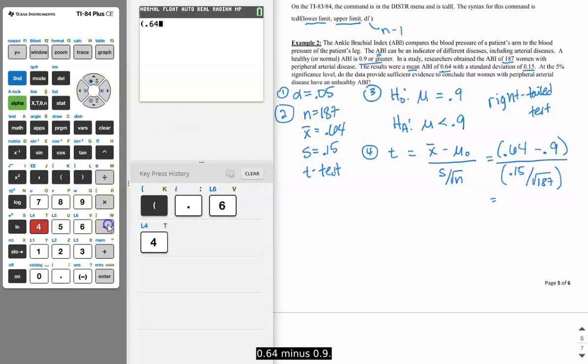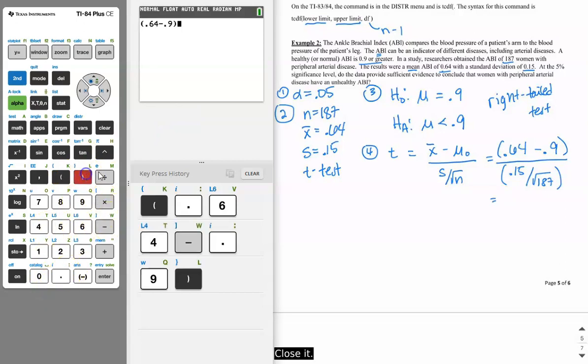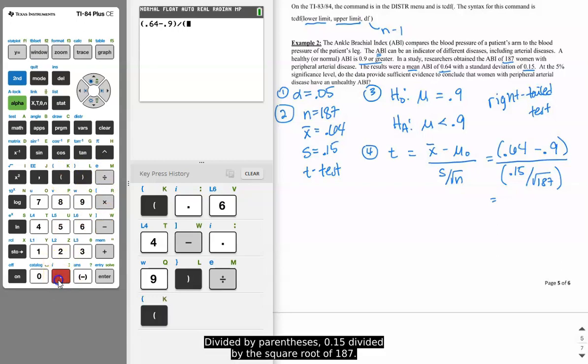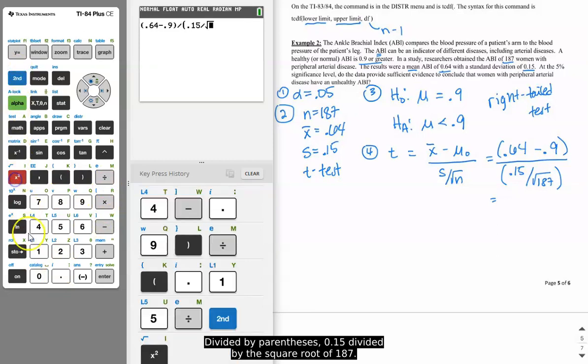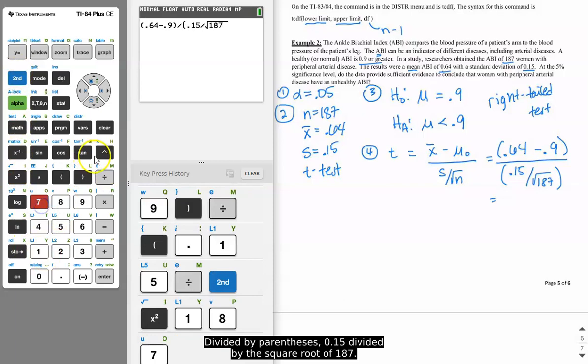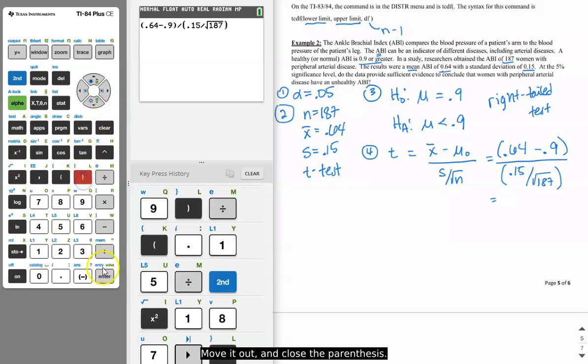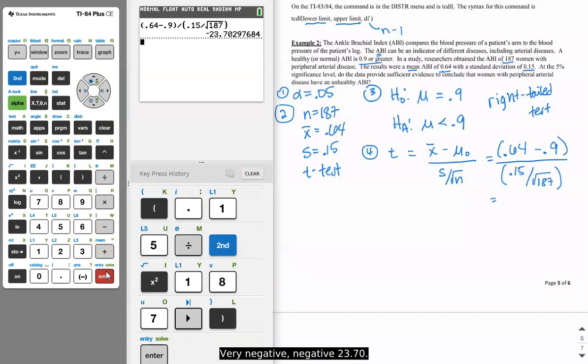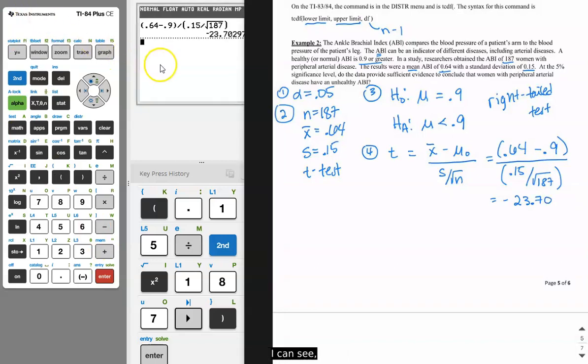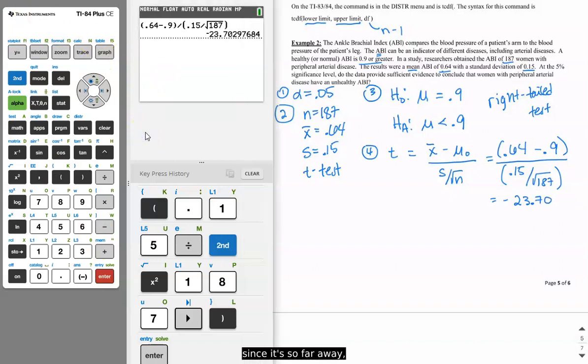Ooh, very negative. Negative 23.770. So that's very, very, very negative. Since it's so far away, I'm already thinking in my head we're going to reject the null, but we're still going to go through and find the p-value.